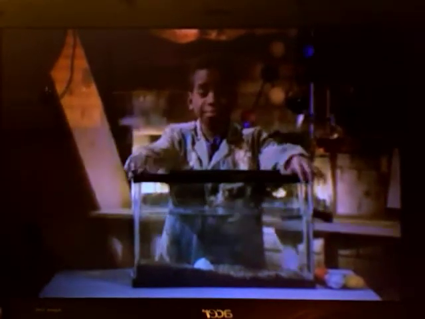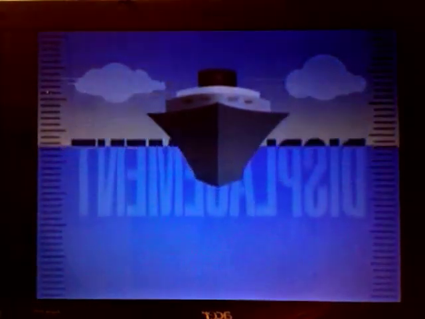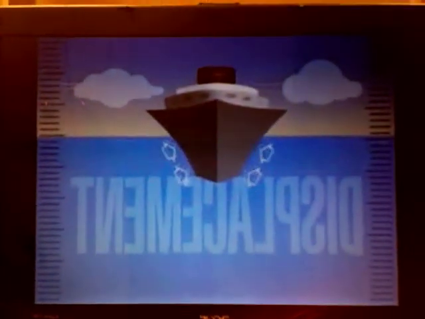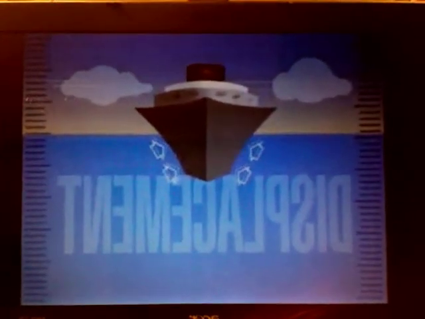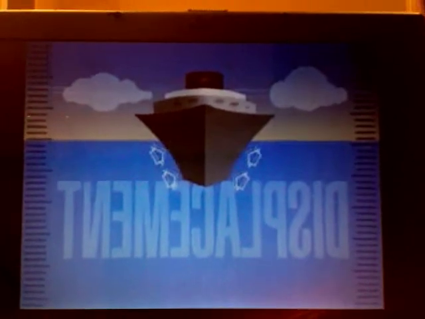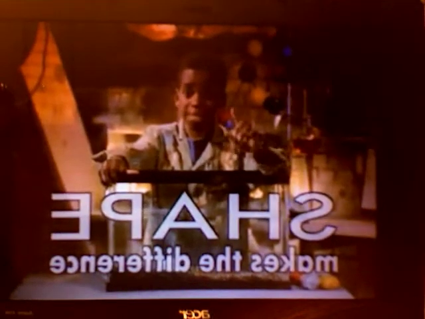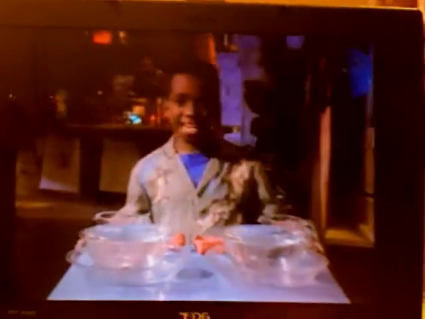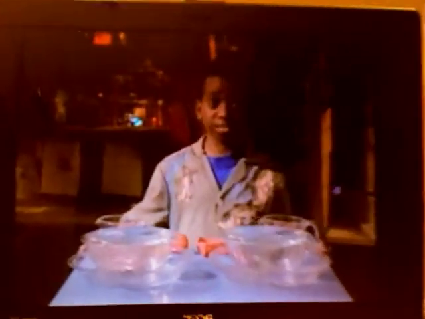It sinks. See, when the clay is in the shape of a boat, it displaces the same amount of water as it does when it's a ball. That's wrong. BS. The shape of the clay makes the difference. Let's do this again and measure how much water gets pushed out of these bowls.